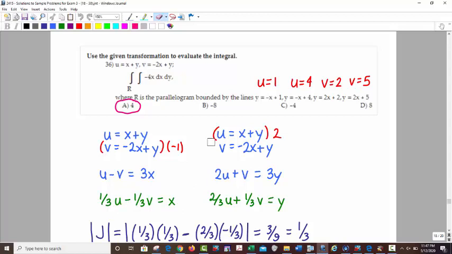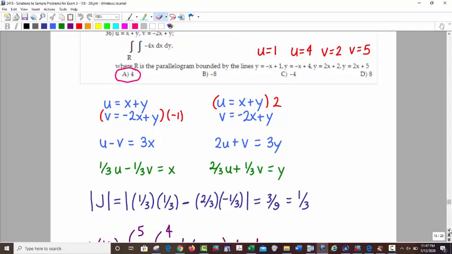So I use the same equations again, and this time I'm trying to get rid of the x's. So I'll multiply everything by 2, and add, and that'll remove the x's. That'll give me a 2y plus y, which is 3y, and then a 2u plus v right there. Solve for y, you get 2/3 u plus 1/3 v equals y.